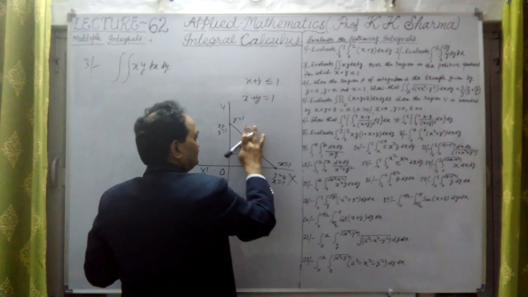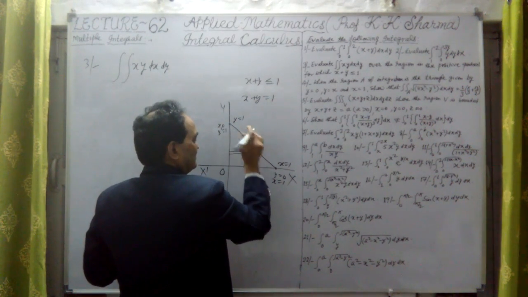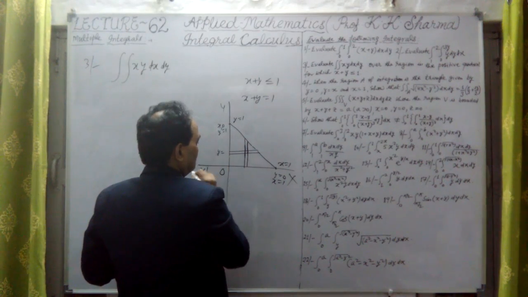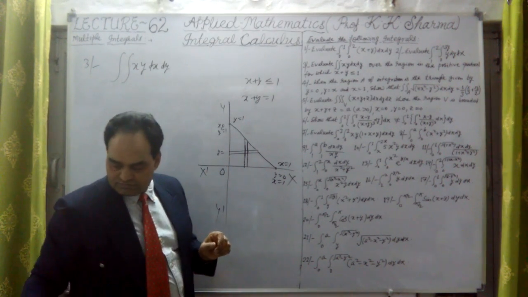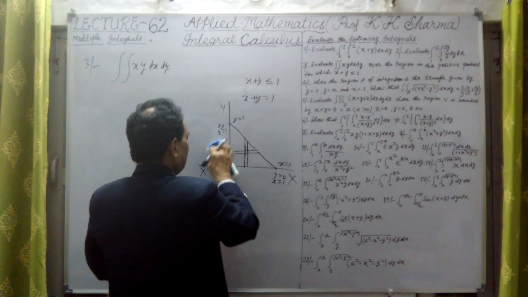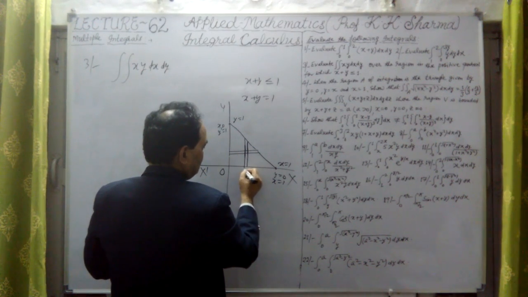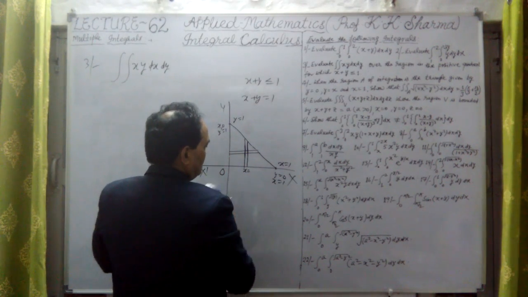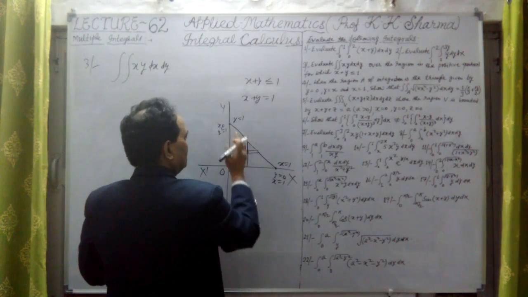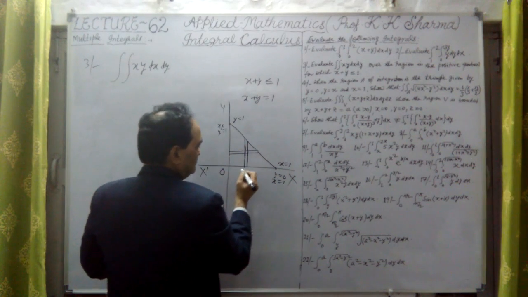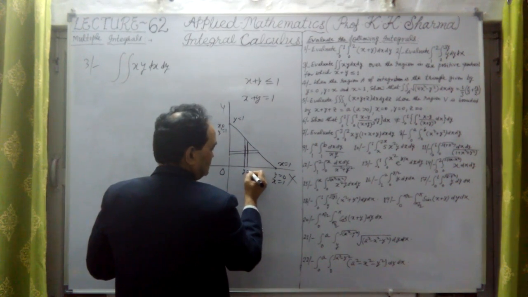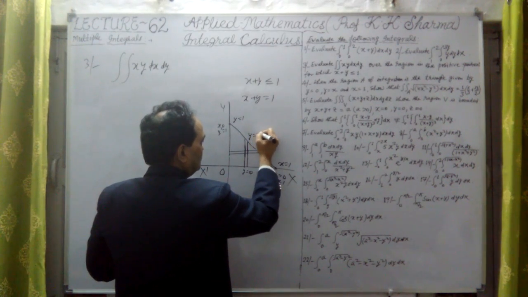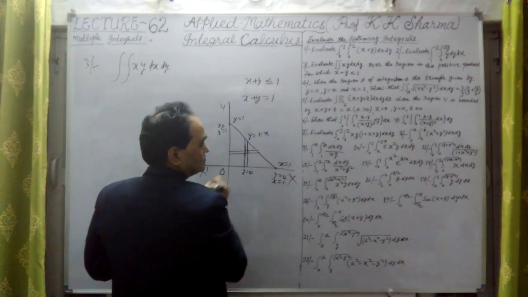Here y is equal to, at this point, y is, or we can write here, x equal to, or y equal to 0, because in this case if we divide into this region, here y equal to 0, and here y equal to 1 minus x.